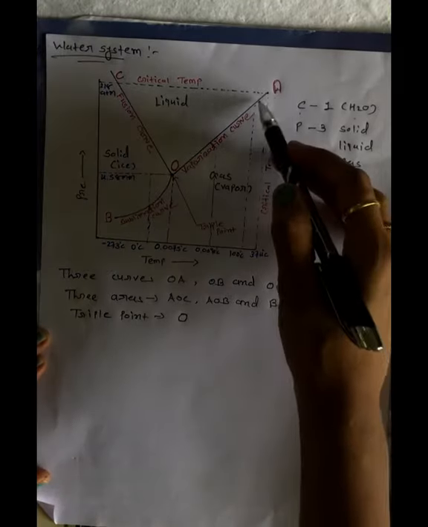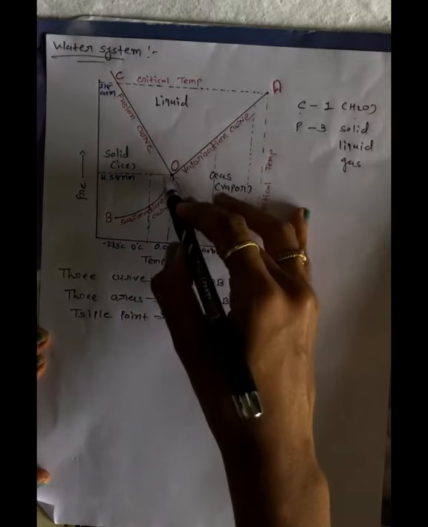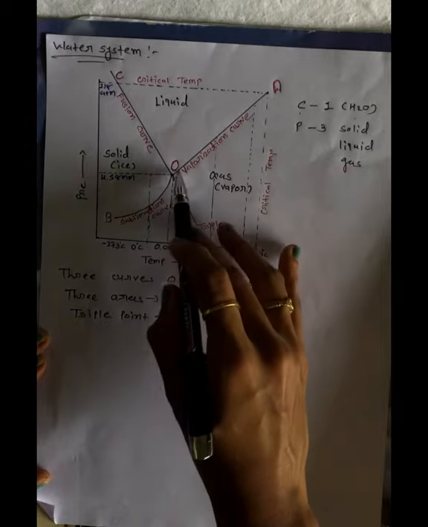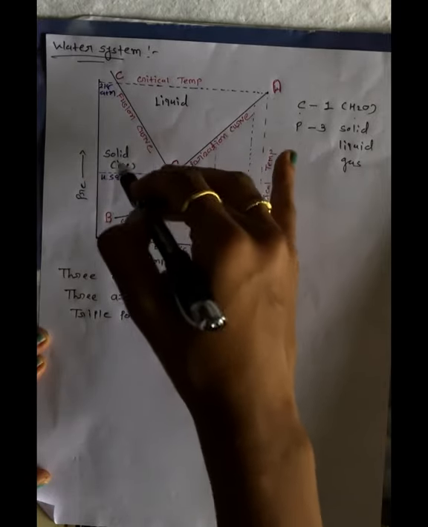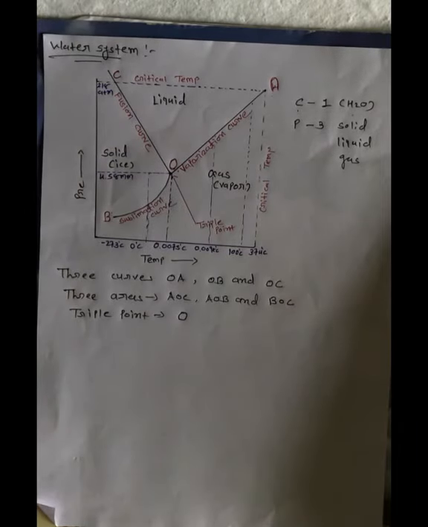Area AOC means this area is liquid, AOB means this area, and BOC means this, and one triple point where the degree of freedom is 0, right? So the curves OA, OB and OC divide the entire region into three areas, AOC, AOB and BOC.